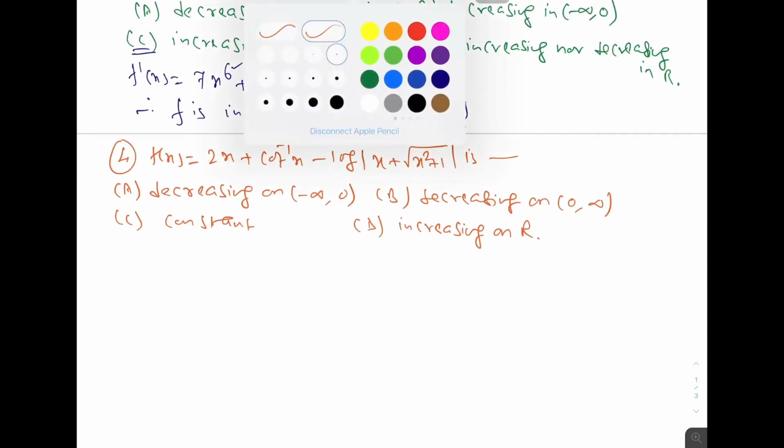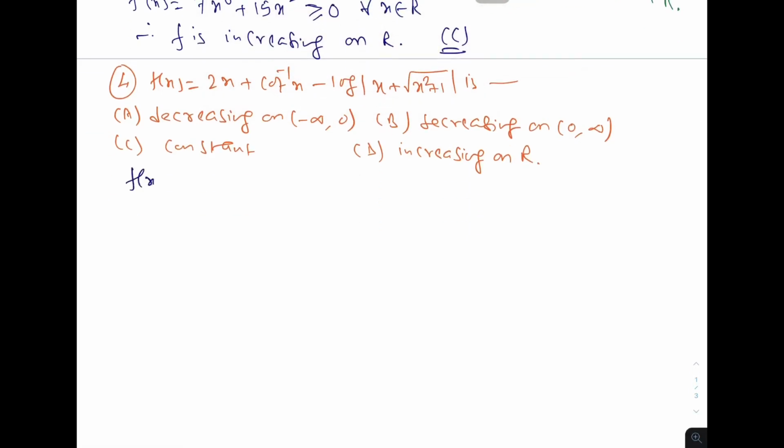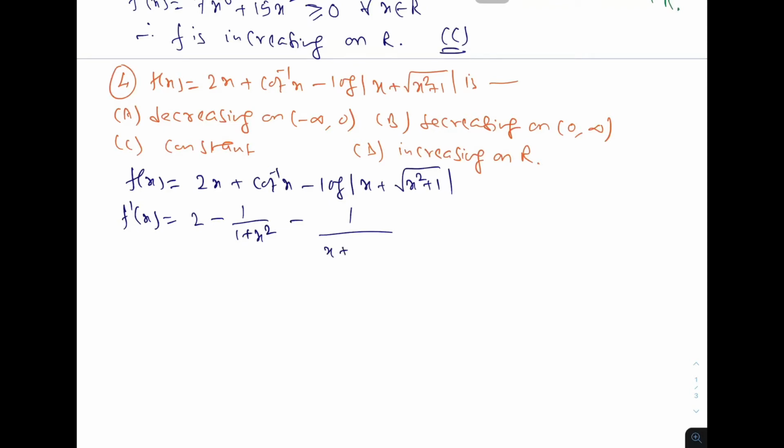So now let us see f(x) equal to 2x plus cot inverse x minus log of (x plus root x square plus 1). Now we take the derivative. So f dash x is equal to 2, then derivative of cot inverse x is minus 1 over 1 plus x square, derivative of log is 1 over (x plus root x square plus 1), and chain rule we apply. So derivative of x plus root x square plus 1 is 1 plus, derivative of root is 1 upon 2 root x square plus 1, and again the derivative of x square plus 1 is 2x.